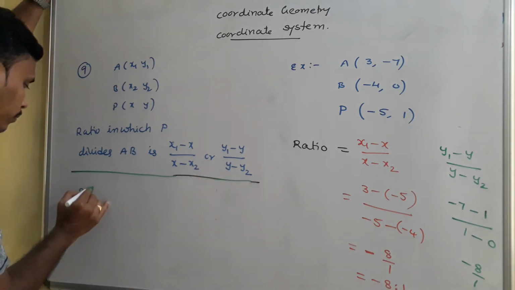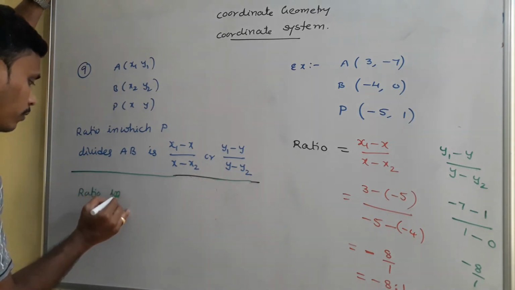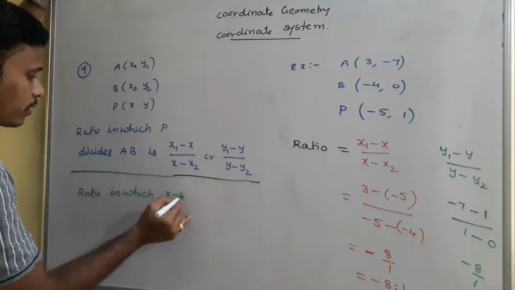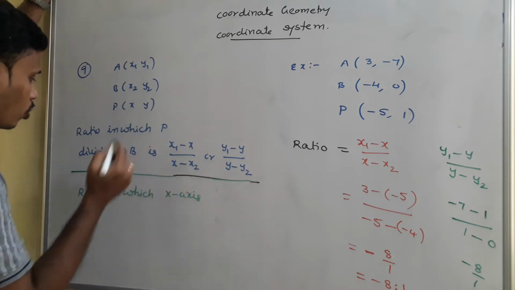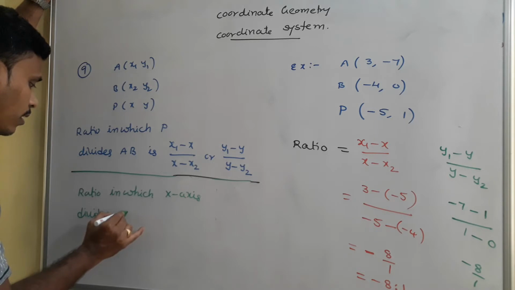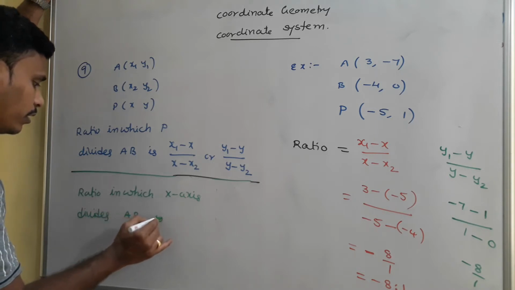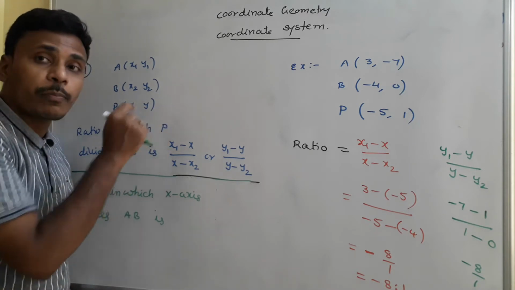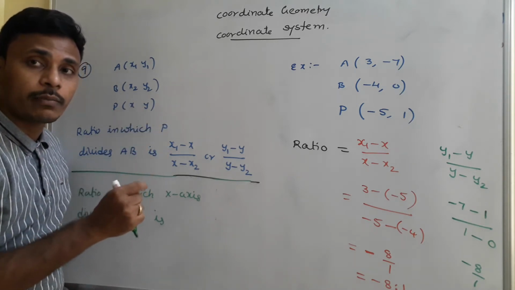Ratio in which x-axis divides line segment AB is, see, as we discussed, P is the point which is dividing line segment AB.